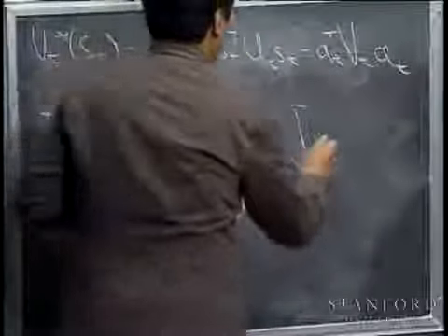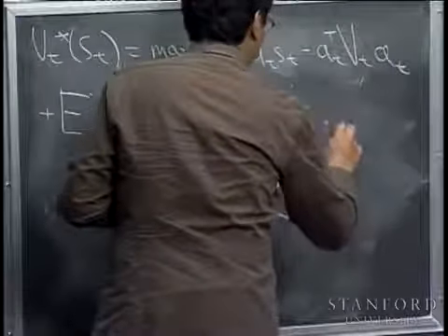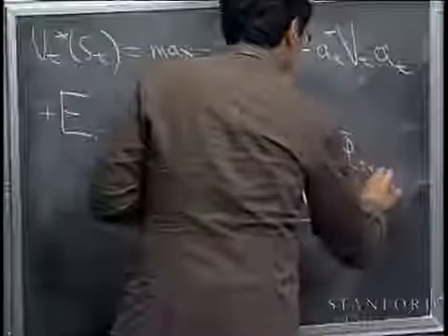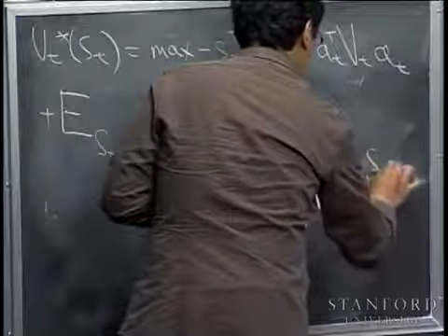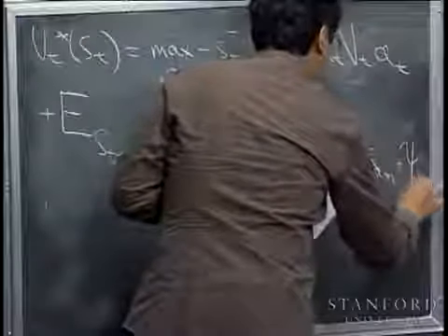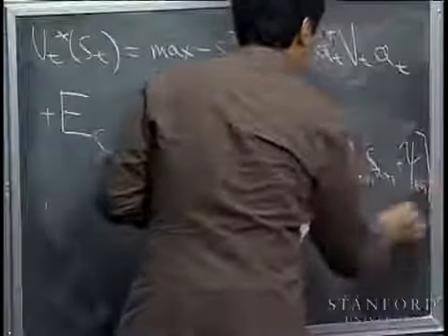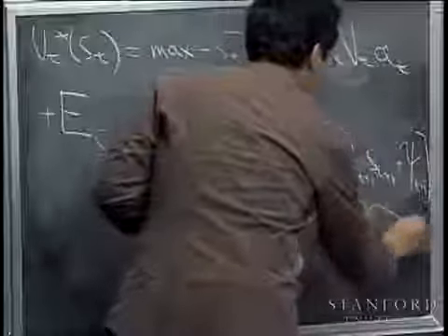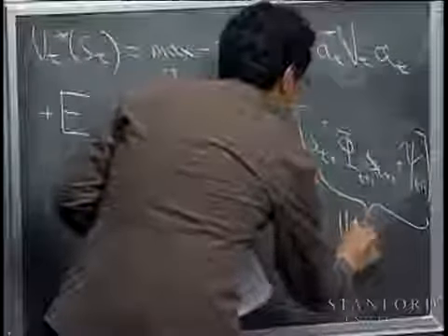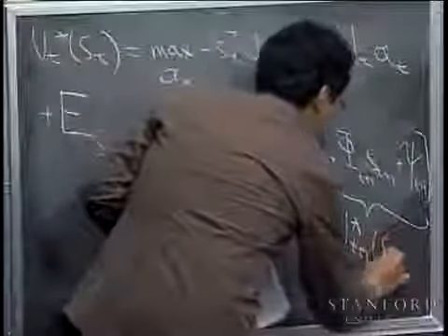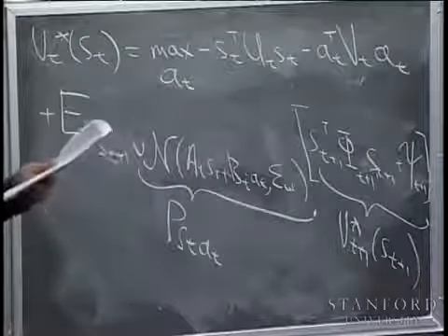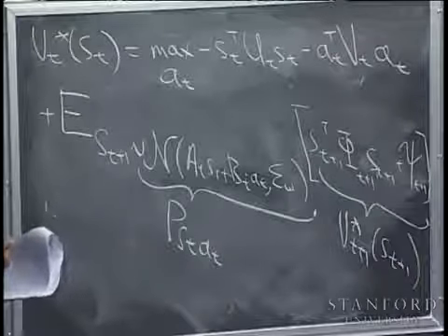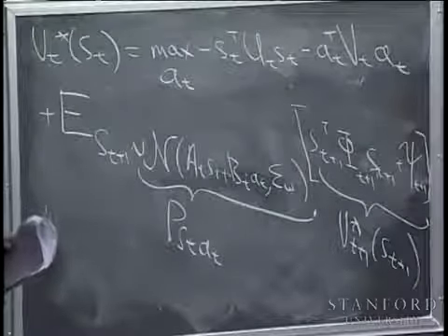And then of this thing, of course, is just V star t plus 1 of st plus 1. Okay? Hope this makes sense.